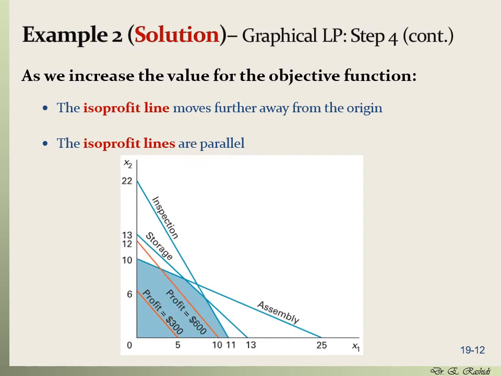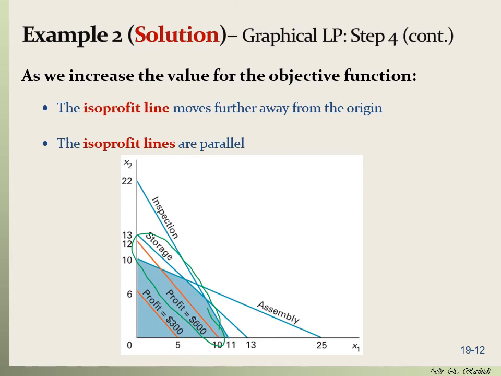For example, if we move it further to this point, we get this line as you see here. This is our new ISO profit line, and for this ISO profit line, the profit is 600.